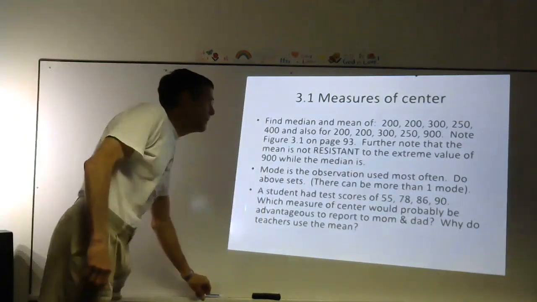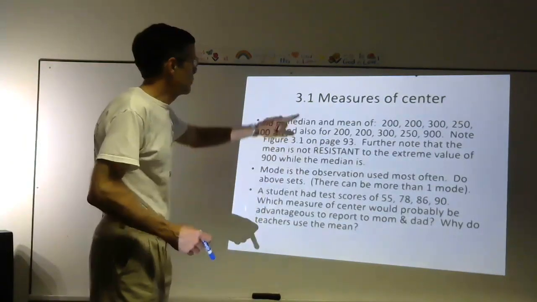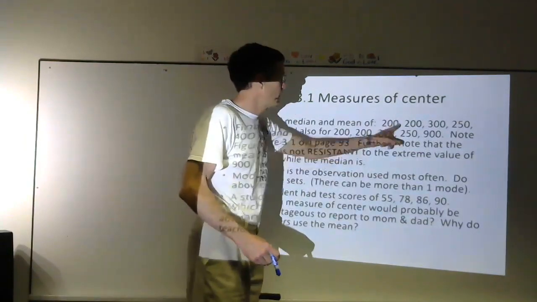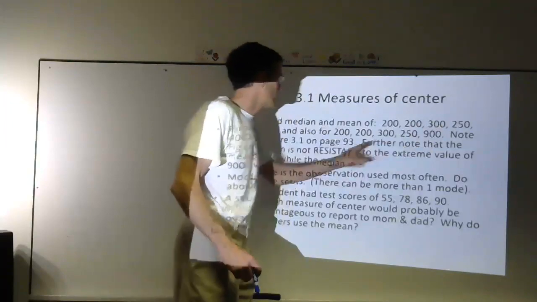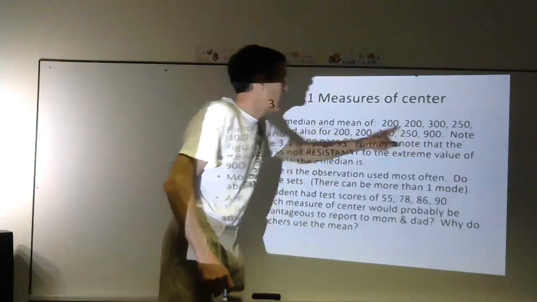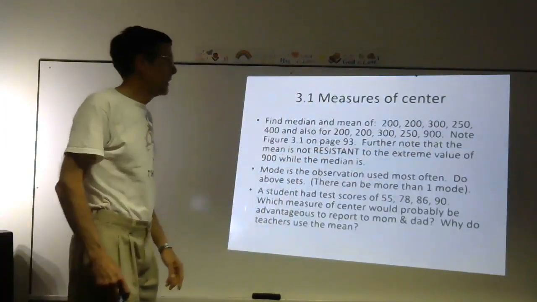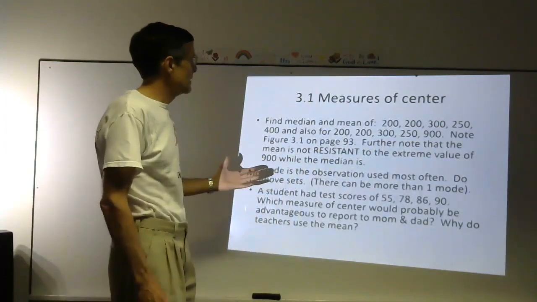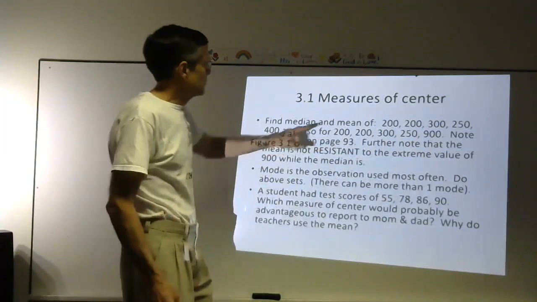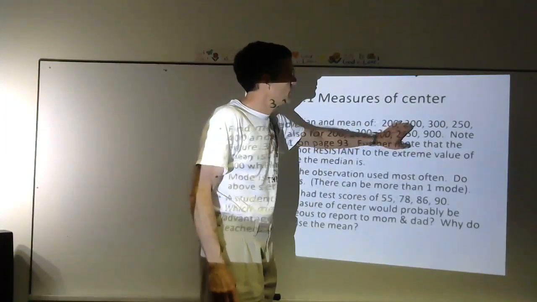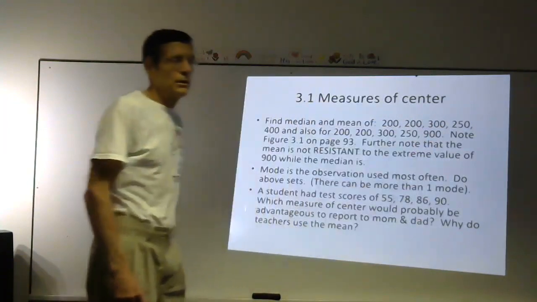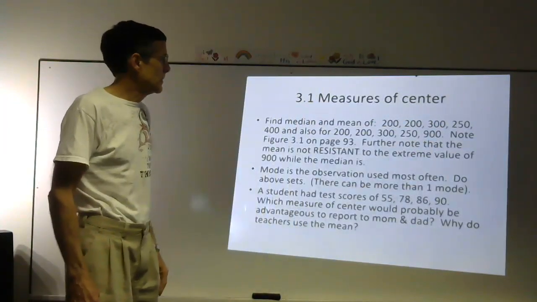Find the median and mean. We have two groups of numbers, okay? Notice that the two groups are exactly identical except for the last one. So in each group, there are 5 items of data. It's an odd number. So in the first group, 300 is perfectly in the middle, okay?